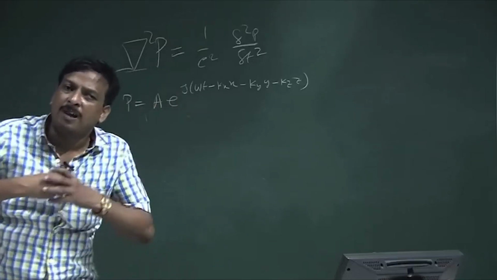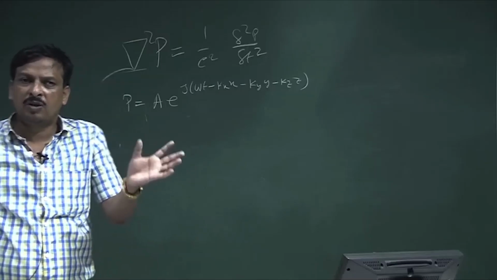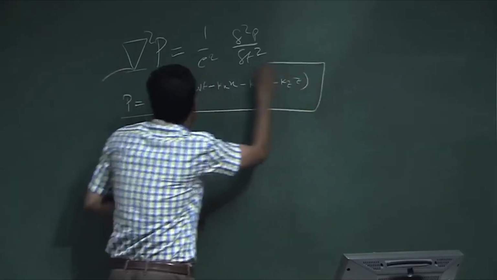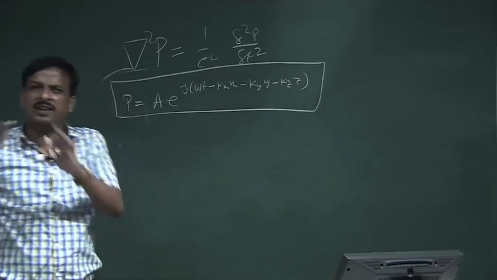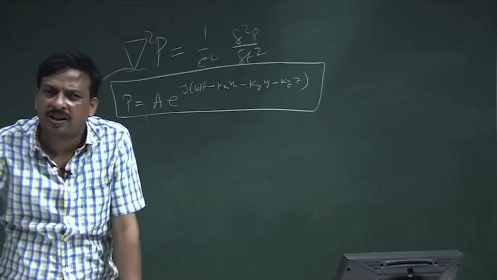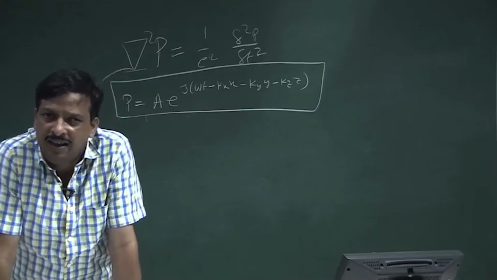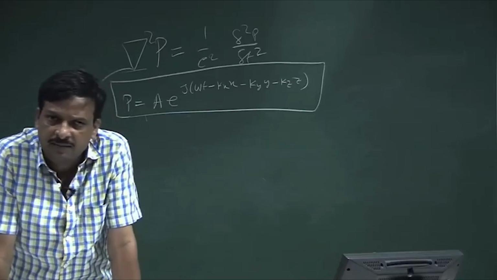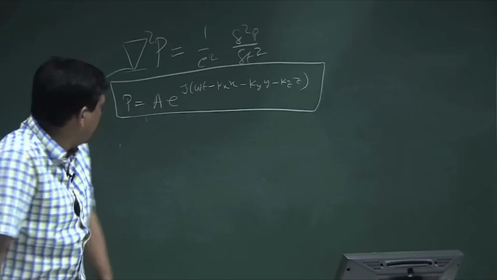So I am saying the wave is propagated in an arbitrary direction. So the solution will be only this one: forward, backward, x direction, y direction, z direction, all arbitrary directions. So it is e to the power j omega t minus kx x plus minus ky y minus kz z. So this is the propagation equation. P is equal to this only.